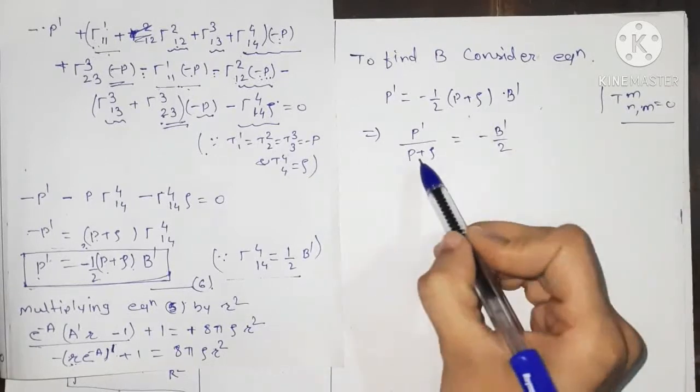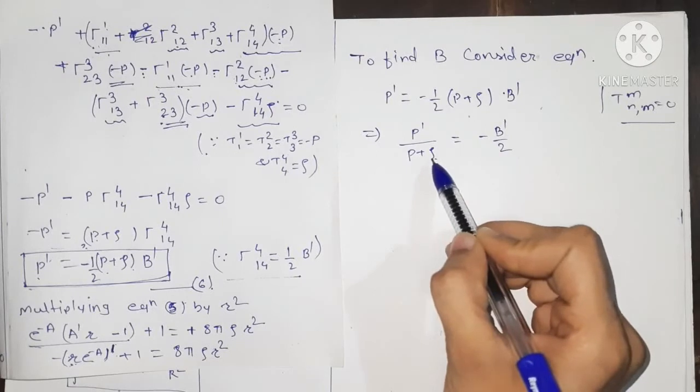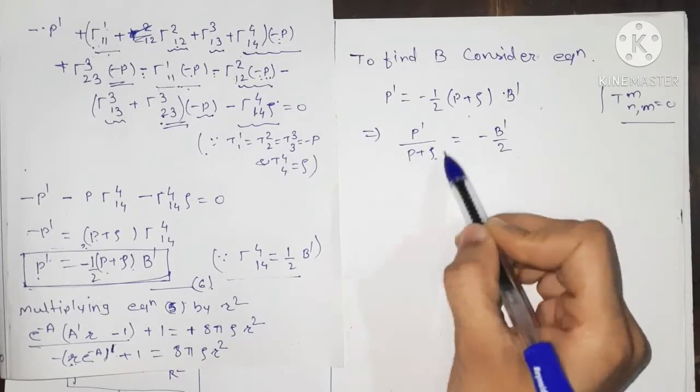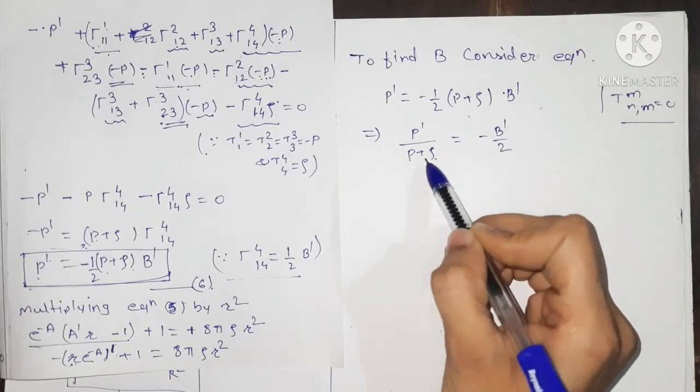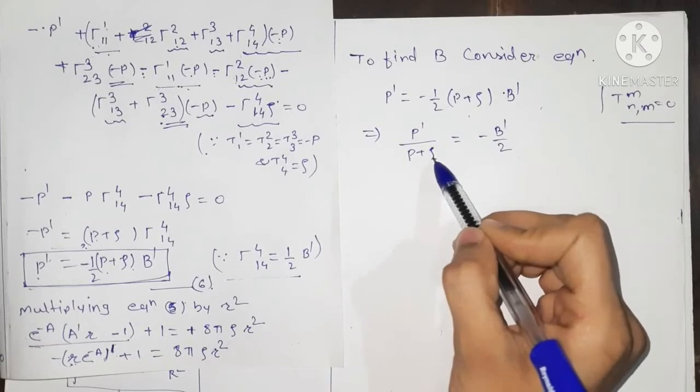Here rho is the proper density, which is constant as given. If we take the derivative with respect to r, then the derivative of p is p dash and the derivative of rho is 0.